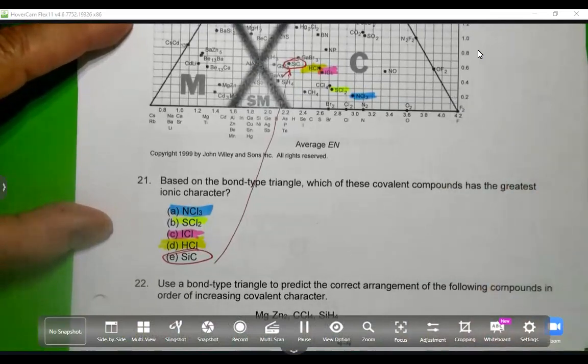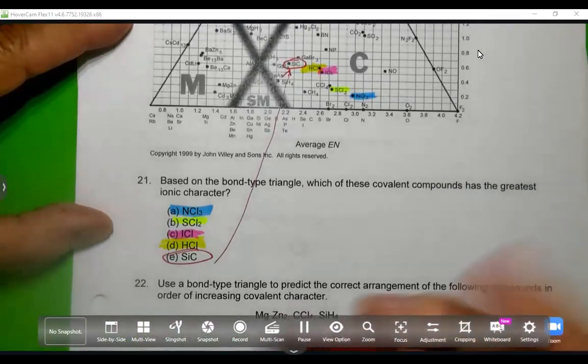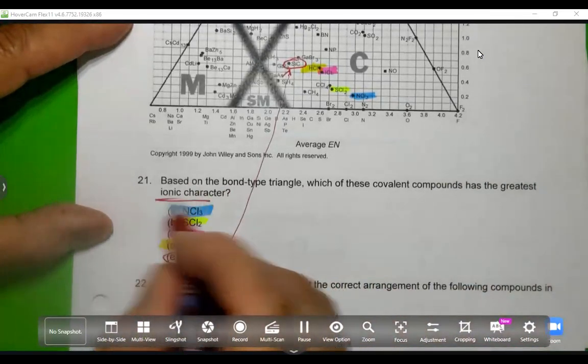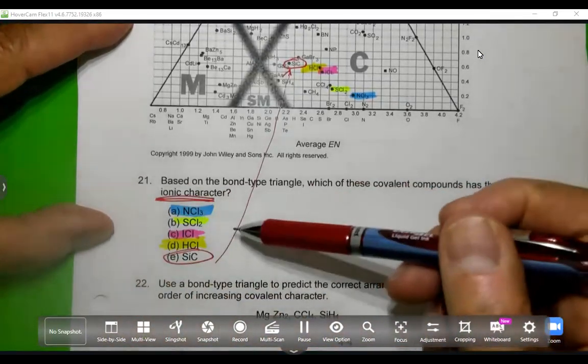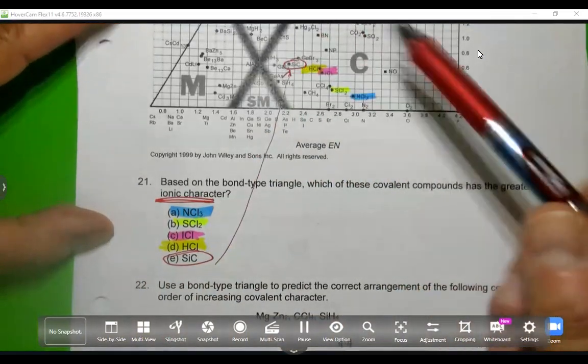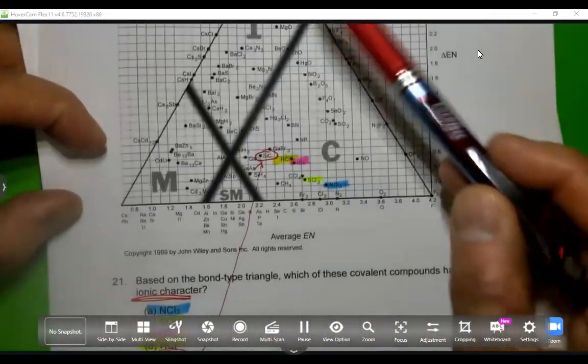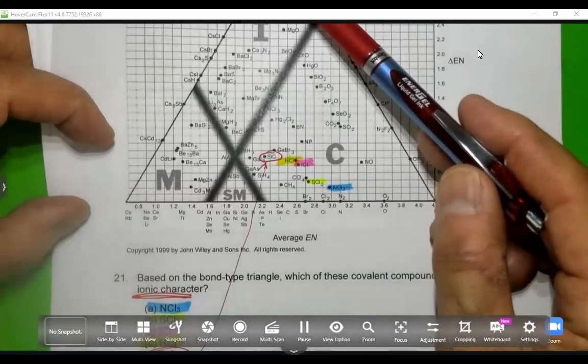Based on the bond type triangle, which of these covalent compounds have the greatest ionic character? Well, whichever one is closest to the ionic line, hopefully towards the top even.